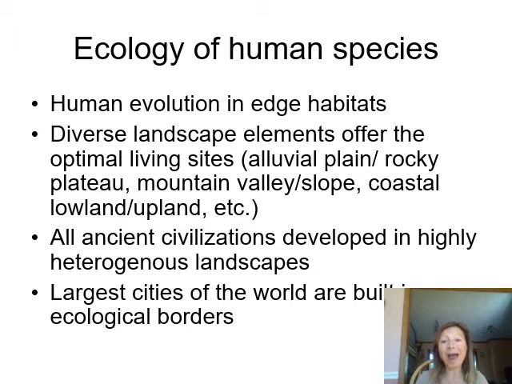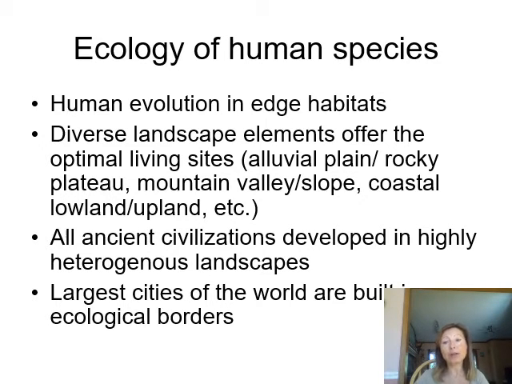We have a very strong aesthetic preference for the boundaries within landscapes, and diverse, heterogeneous landscape elements offer the optimal living conditions for humans. That was true especially in the past. Think about the places where all ancient civilizations developed. It has always been in highly heterogeneous landscapes associated with alluvial plains, with rocky plateaus, with mountain valleys versus slopes, with coastal areas, with riparian corridors, of course.